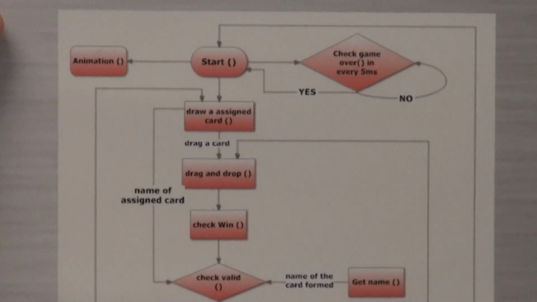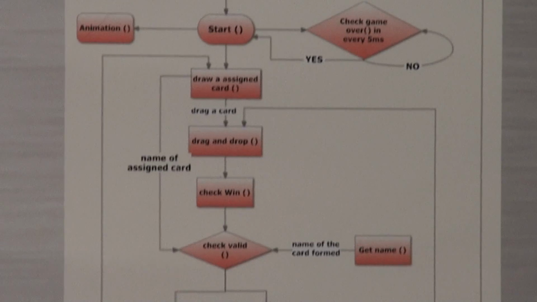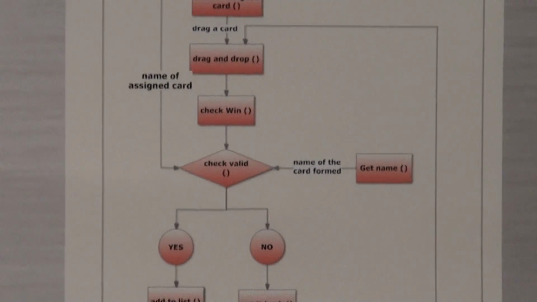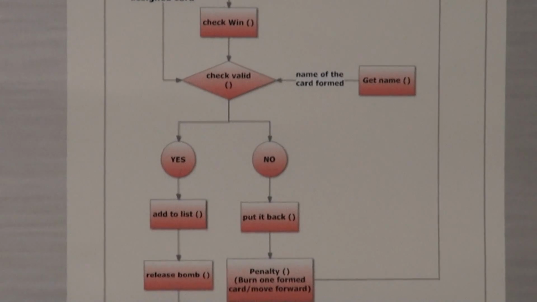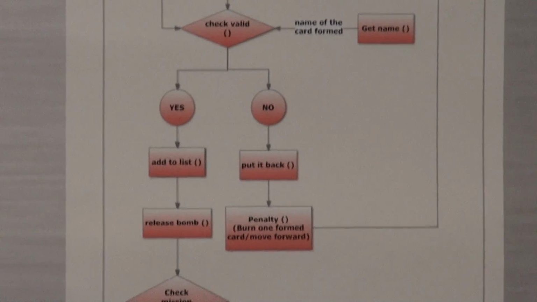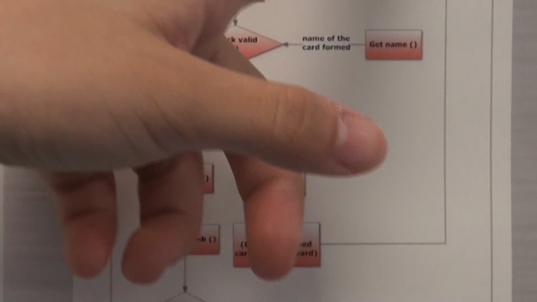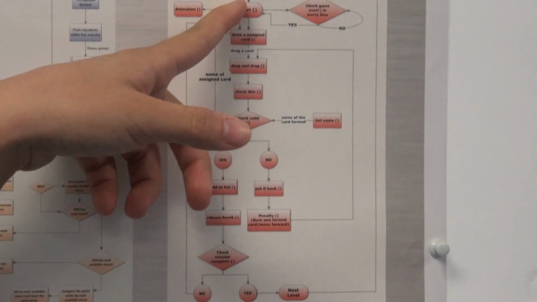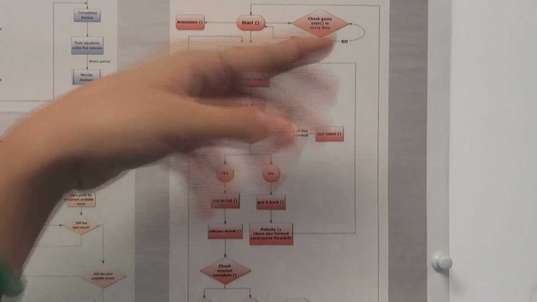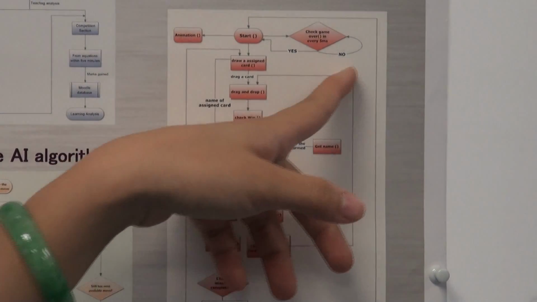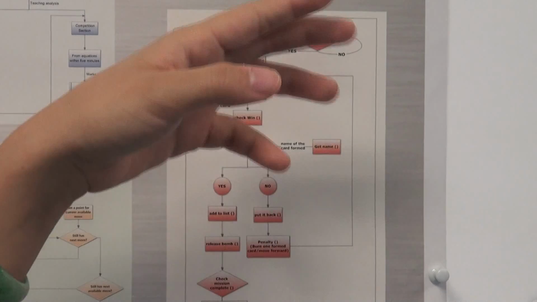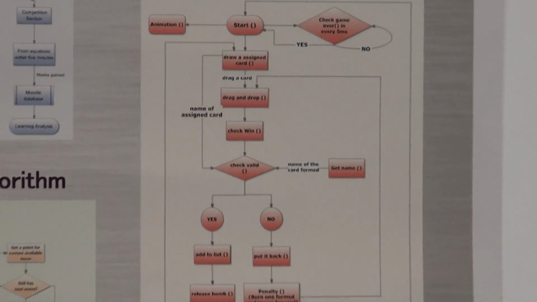The animation is used to control the distance between the good guy and bad guy, and to show the time left. When the good guy and bad guy overlap, the check game over function will return yes, and the game will restart. If they don't overlap, the check game over function will keep calling itself.